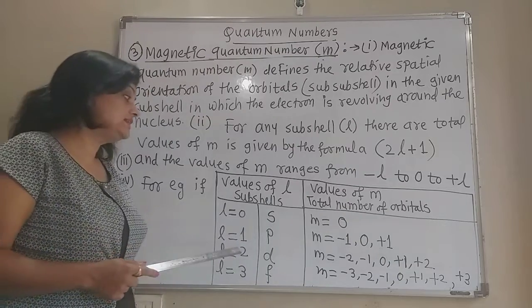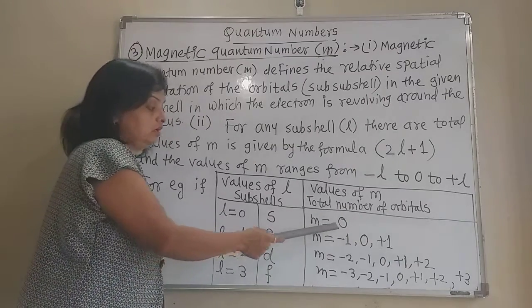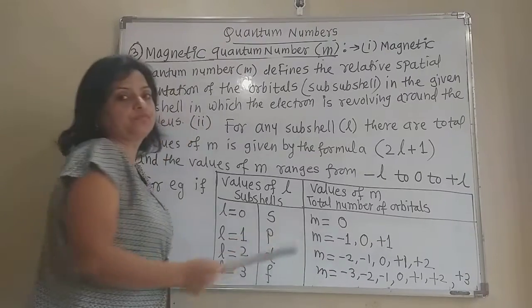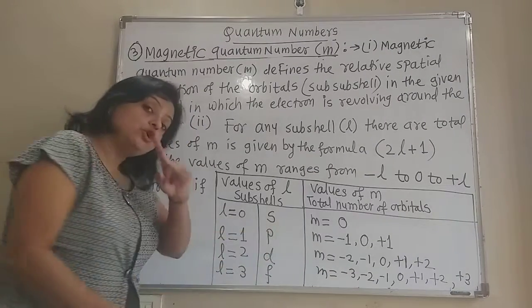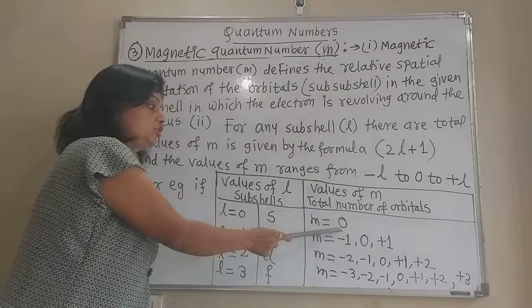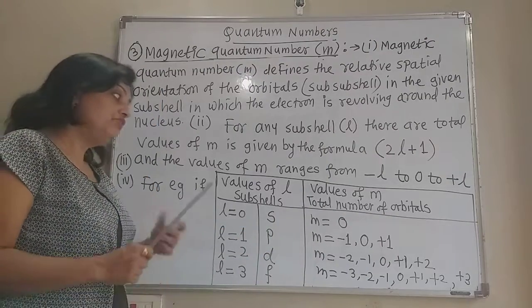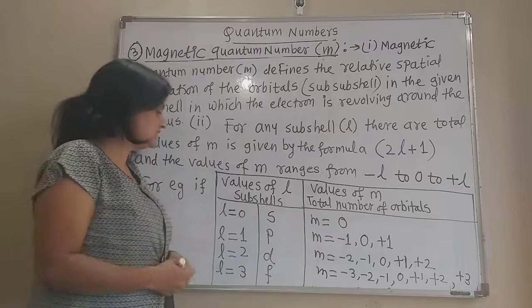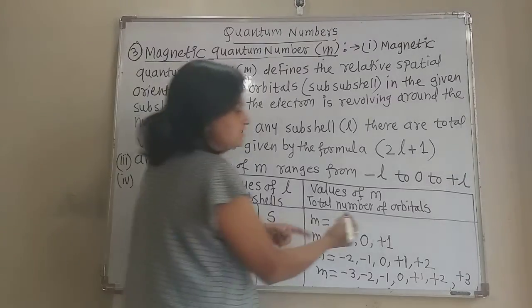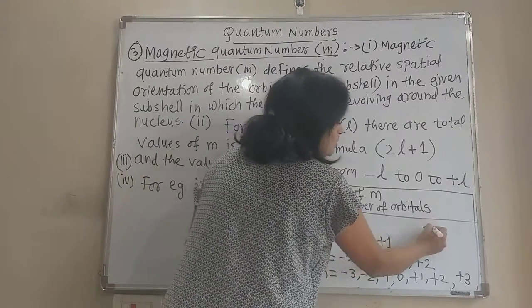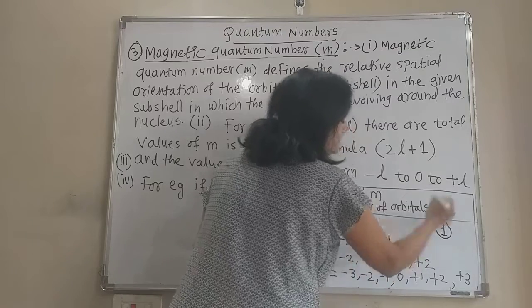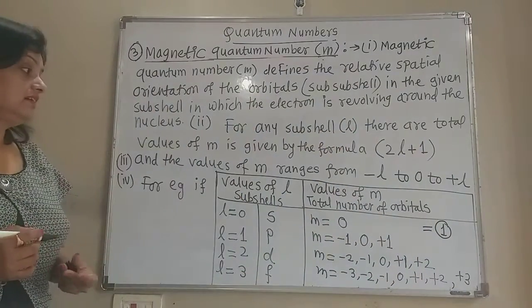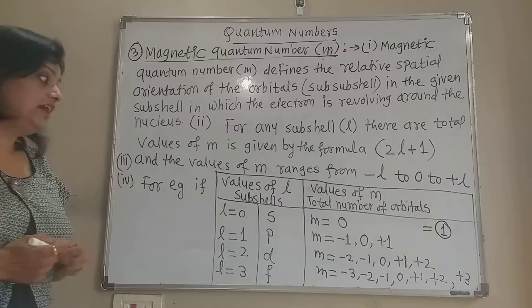The value of m is only 0. The total number of orbitals in the s subshell is 1. How does it come? Because 2 into 0 plus 1 means 1.